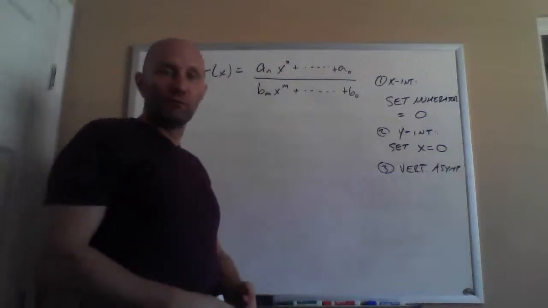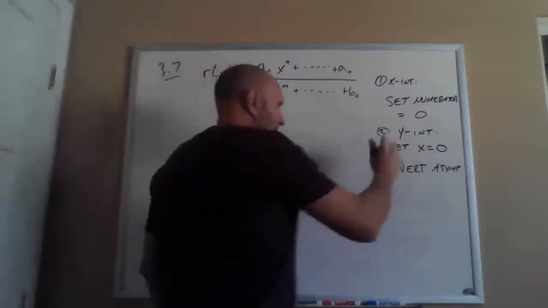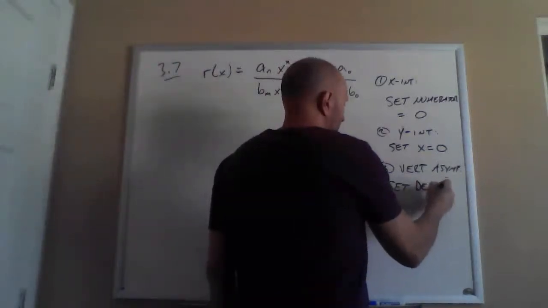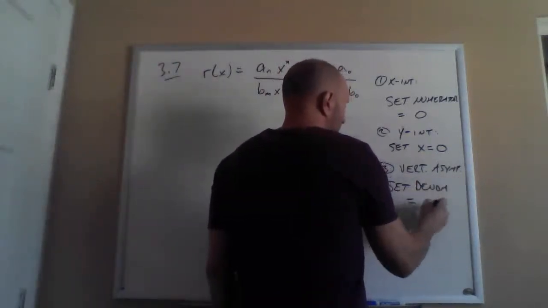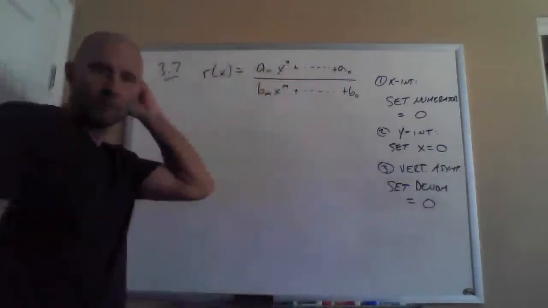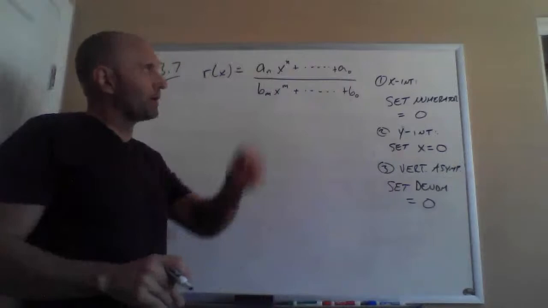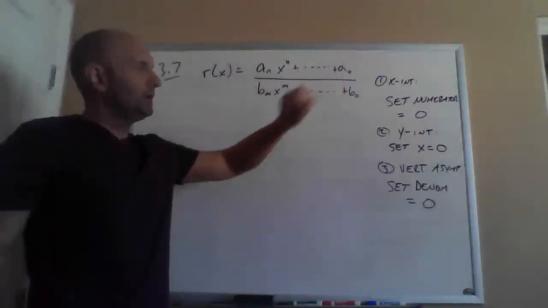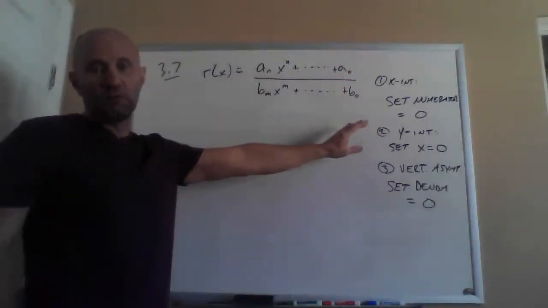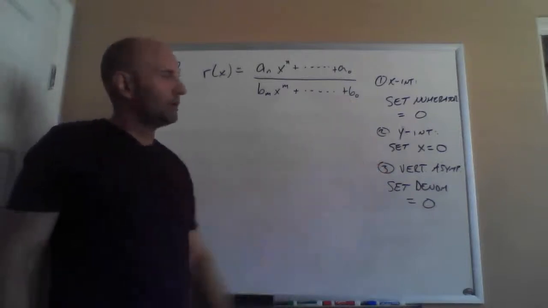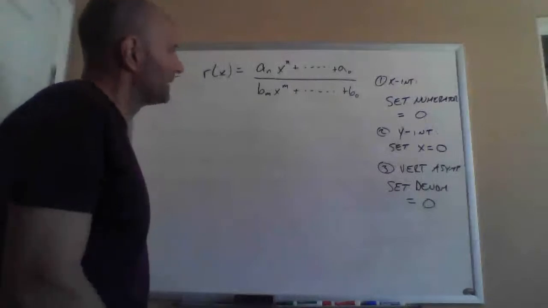So it'll ask us, what's the vertical asymptote? And simply the thing for this is just set the denominator equal to 0. So we can get those 3 right away without a whole lot of work. Set the numerator equal to 0, set x equal to 0 for the y-intercept, and set the denominator equal to 0 for the vertical asymptote.